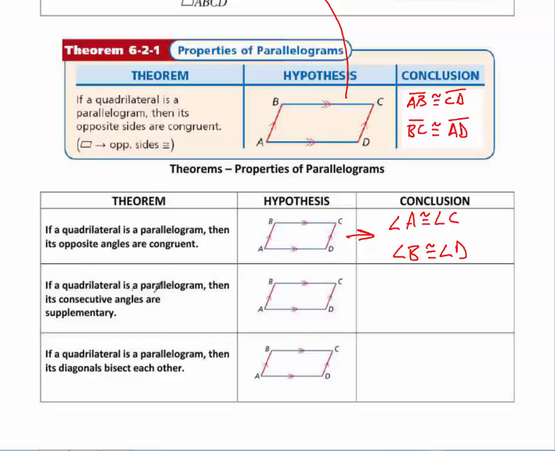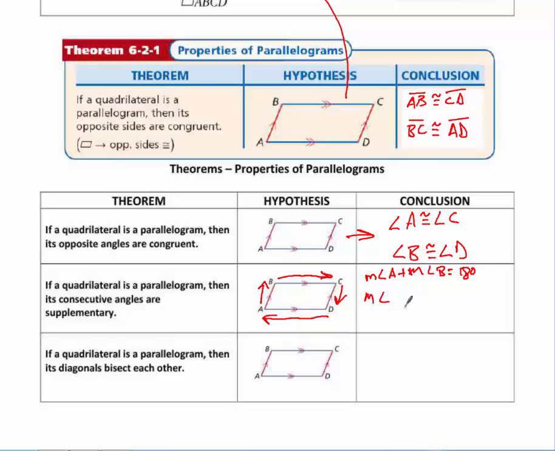Another theorem: if a quadrilateral is a parallelogram, then its consecutive angles are supplementary. Now, consecutive means one right after the other, so A and B, or B and C, or C and D, or D and A. So the angle and then the one that comes right after it. So we can say that the measure of angle A plus the measure of angle B equals 180.